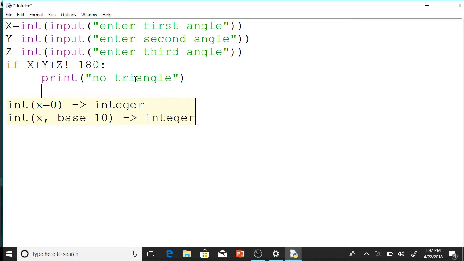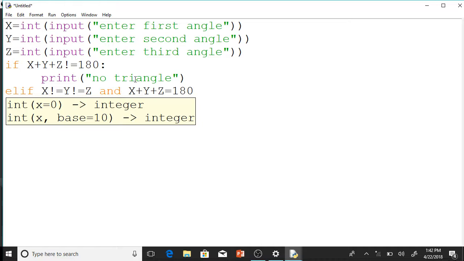Now you have to make another condition, elif x is not equal to y, and y not equal to z, and x plus y plus z is equal to 180.